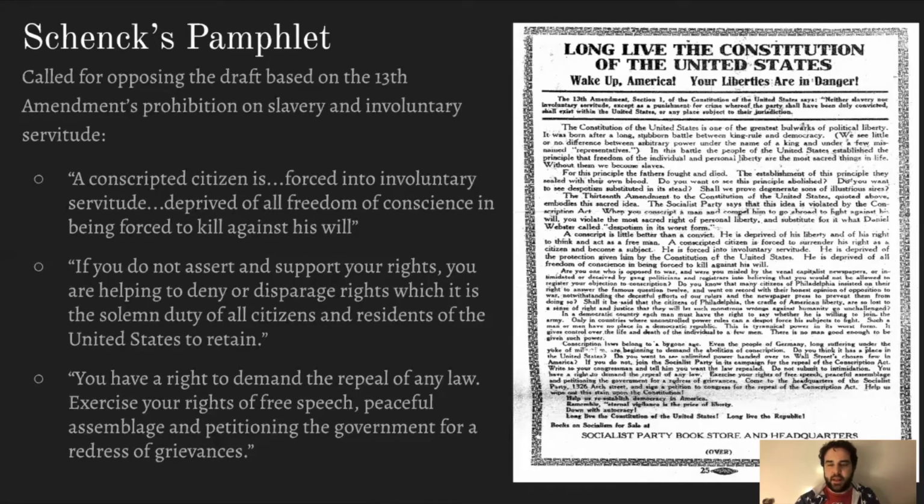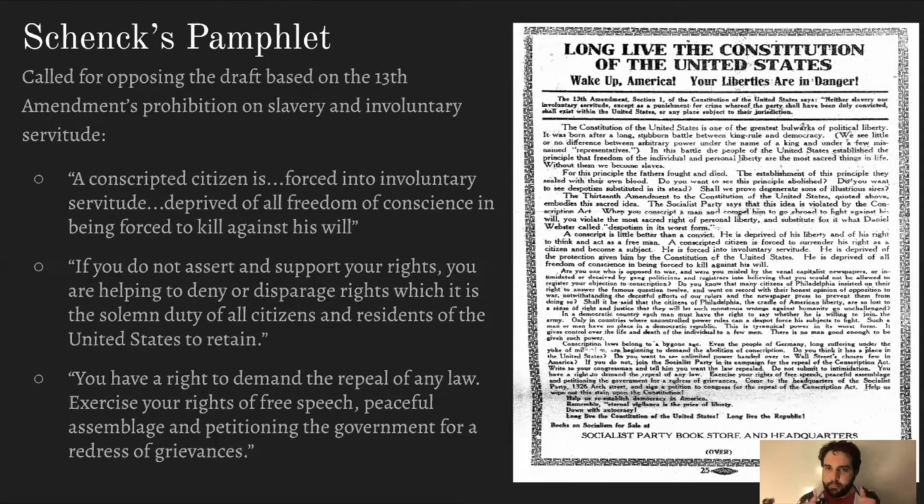And they based their argument upon the Constitution, arguing that the 13th Amendment, which prohibits slavery and involuntary servitude, was being violated by this draft. Writing, "A conscripted citizen is forced into involuntary servitude, deprived of all freedom of conscience, and forced to kill against his will."